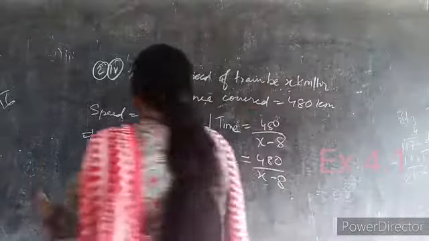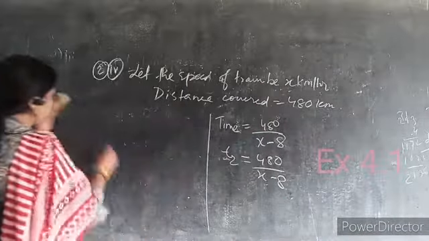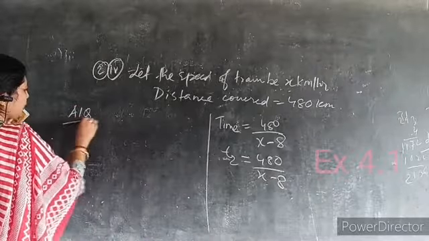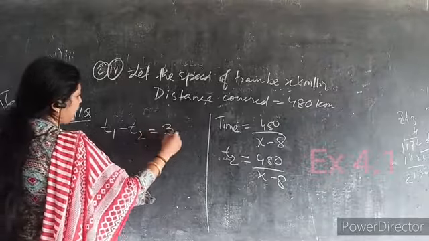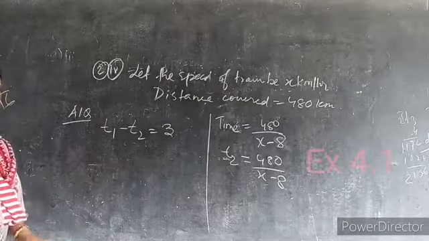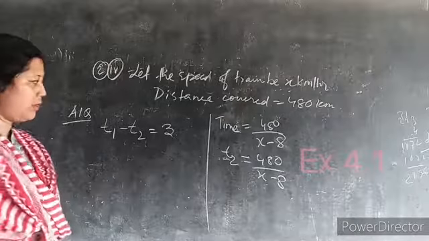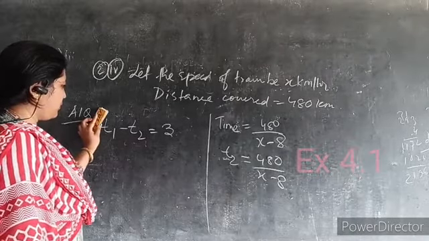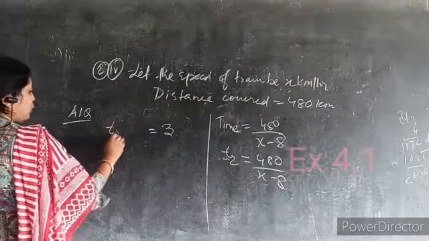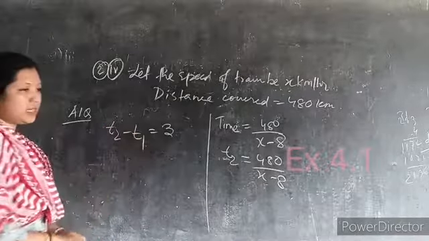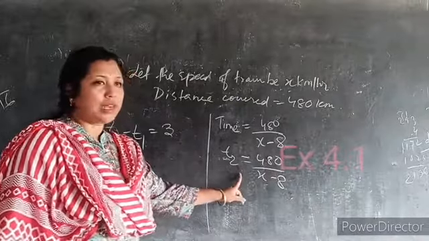So as per our equation, the difference of time in the first case minus the second will be 3. So it will be T2 minus T1, because T2 will be taking more time than this.